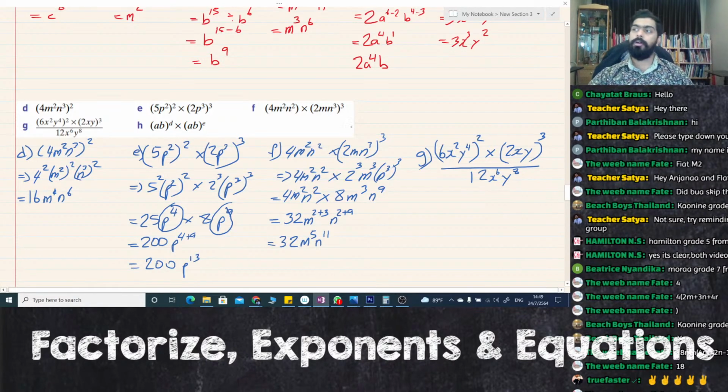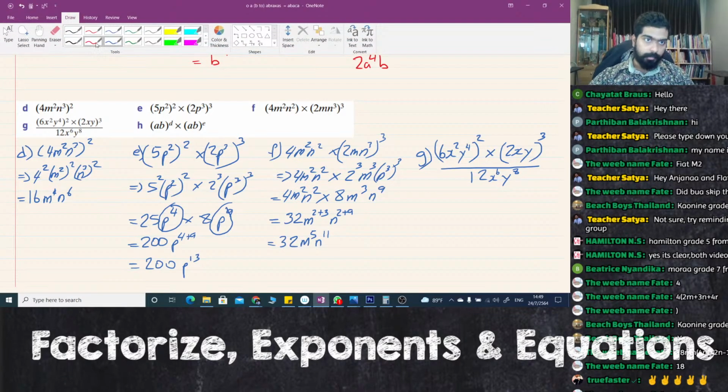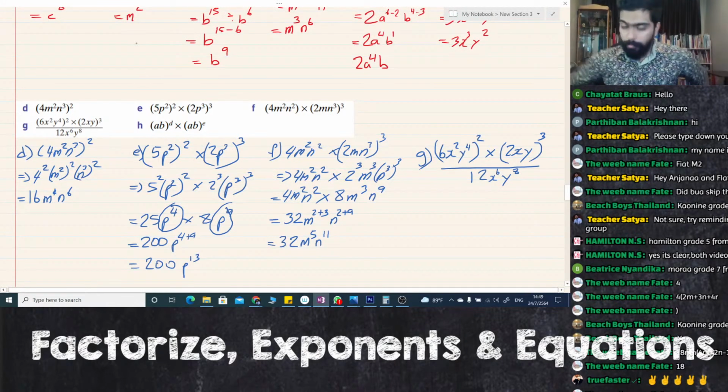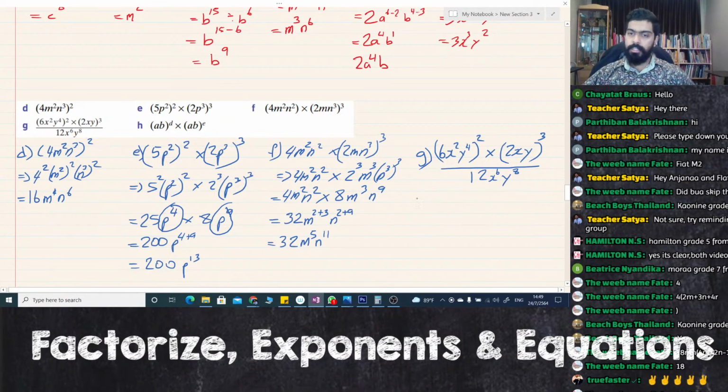So first, what we are going to do is, let me change the color of the pen. This seems like a nice, prominent and dark color, all right? So first, we are going to break this exponent. So we would have 6 to the power of 2, and then x squared to the power of 2, and then y to the power of 4 to the power of 2, right, guys?